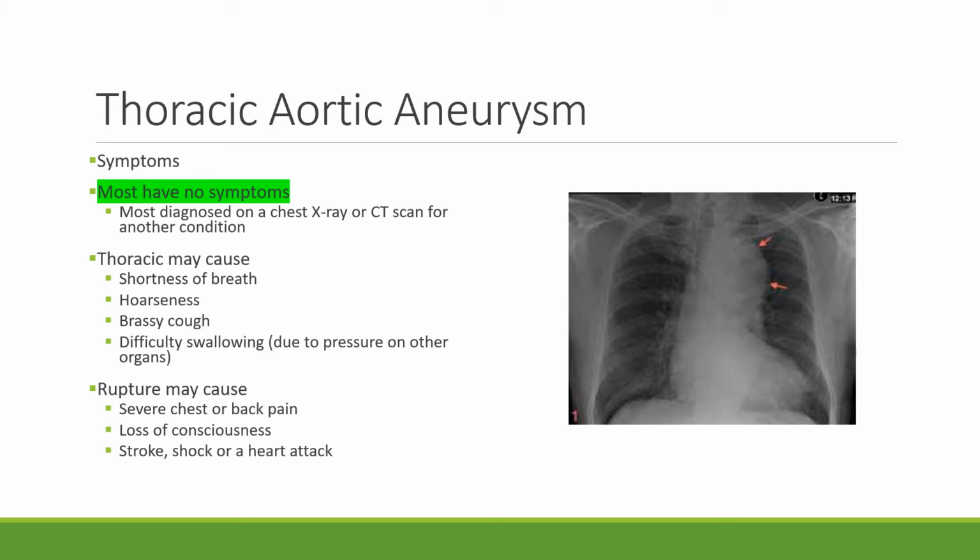Most have no symptoms. When present, the symptoms include deep, diffuse chest pain that may extend to the interscapular area in the back. Most aortic aneurysms, being asymptomatic, are diagnosed accidentally on a chest x-ray or CAT scan that the patient had for some other condition.